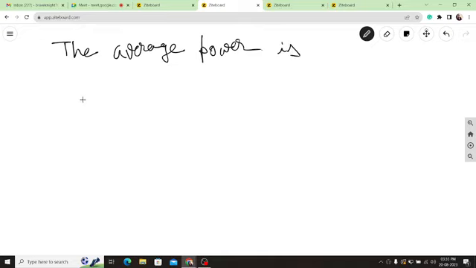So the conclusion is, the average power is independent of del theta.